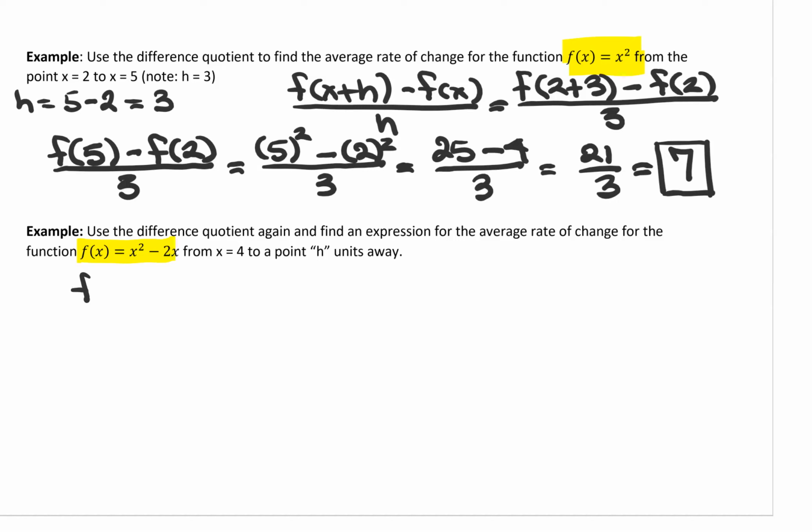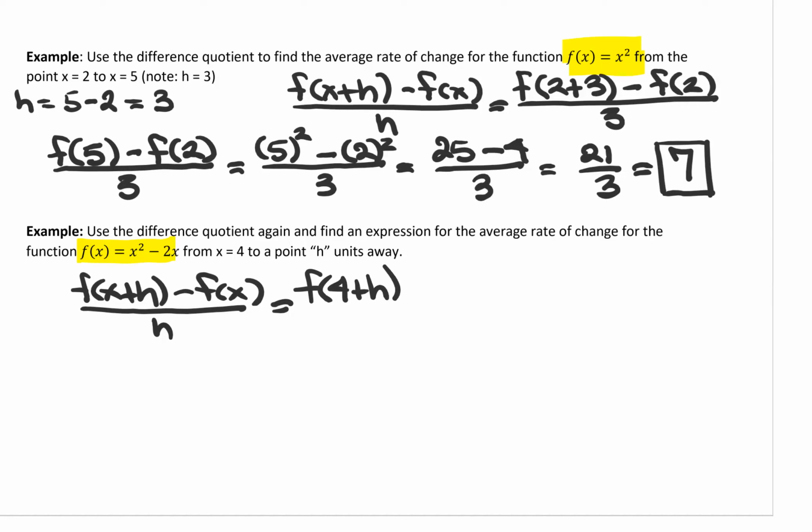So starting with our formula, f of x plus h minus f of x over h. So what's going to happen here is we're not going to get a number for an answer, we're going to get an expression. So starting with plugging in 4, we're going to have f of 4 plus h minus f of 4 over h.